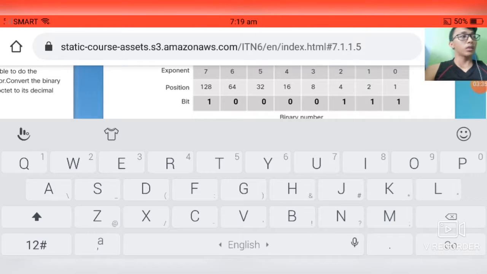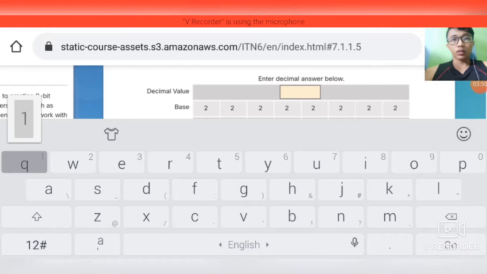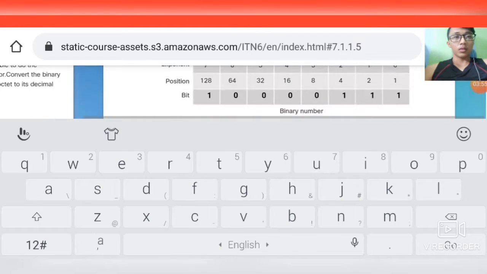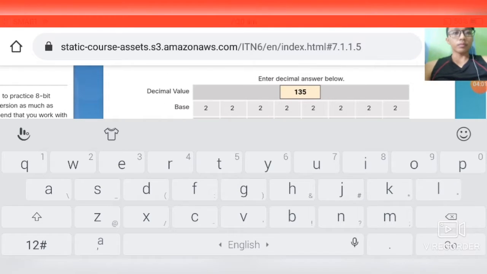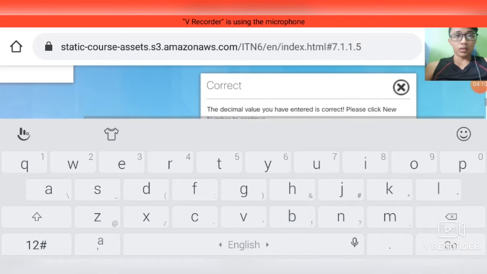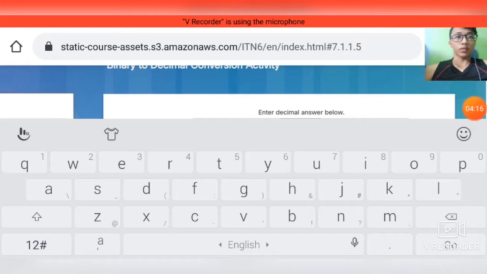Plus 4 plus 2 plus 1, so equals 135. So the answer is 135. We're going to check if it is correct. So the answer is correct. Let's move on to our next activity.